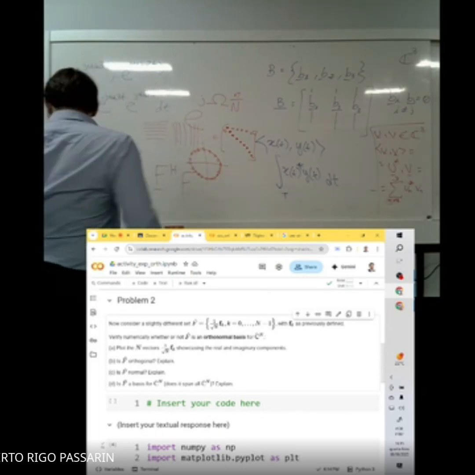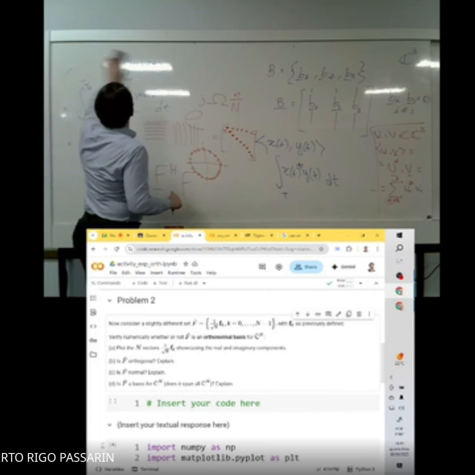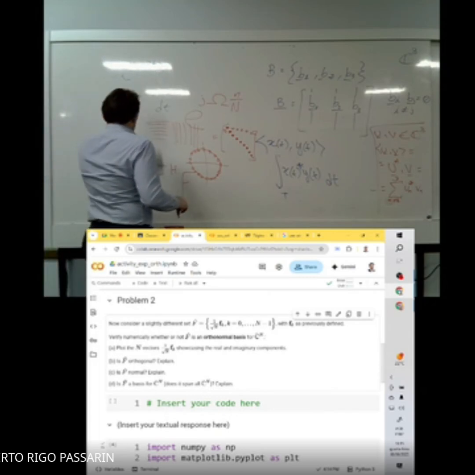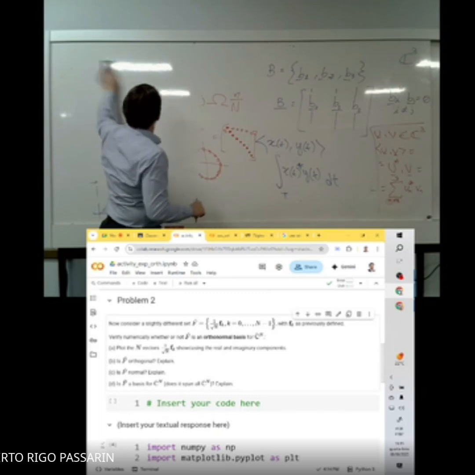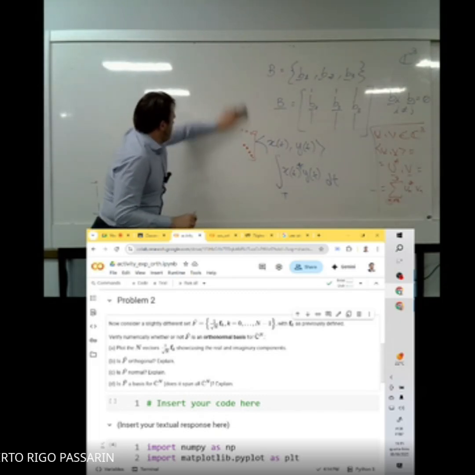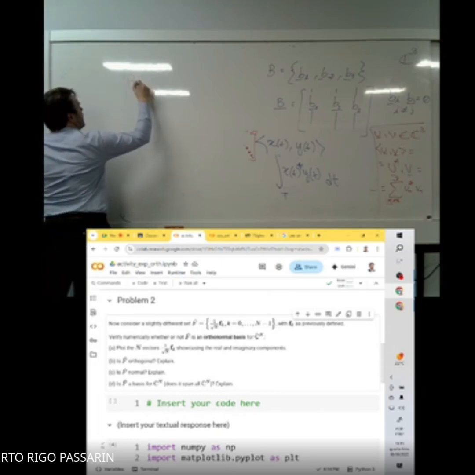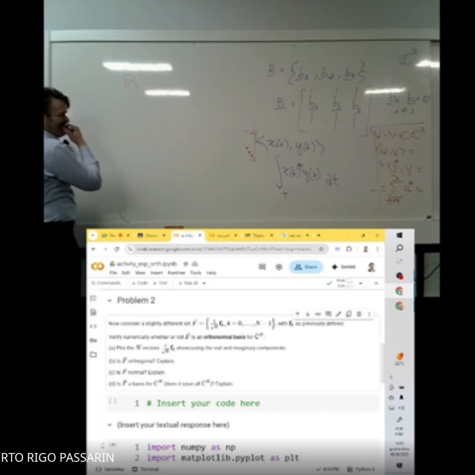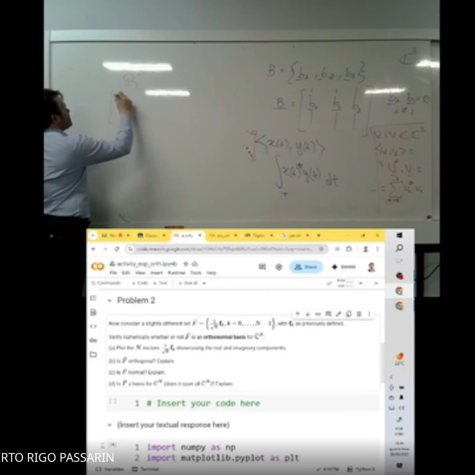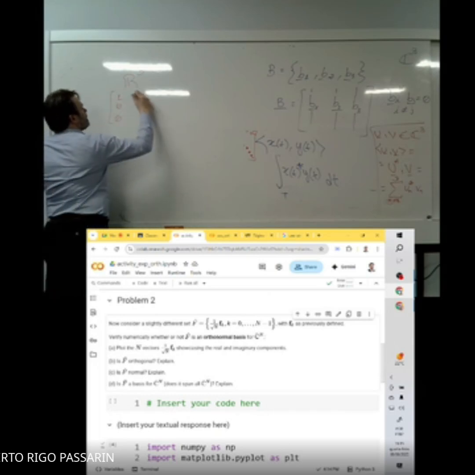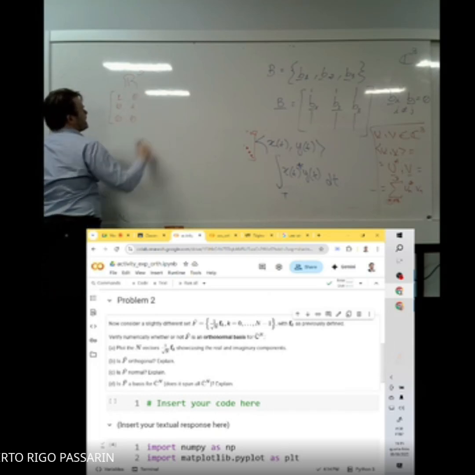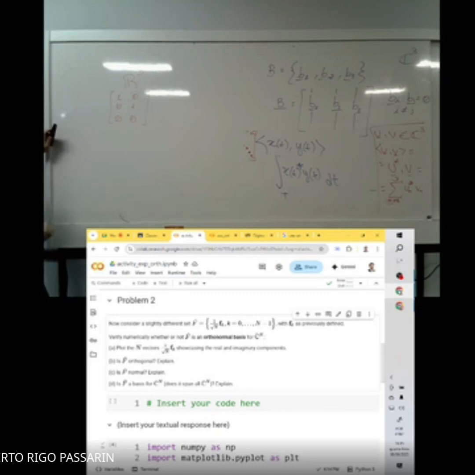Let's get back to the definitions. Now we're no longer in Cn, we're in R3. One, zero, zero; zero, one, zero. Does this span all of R3?